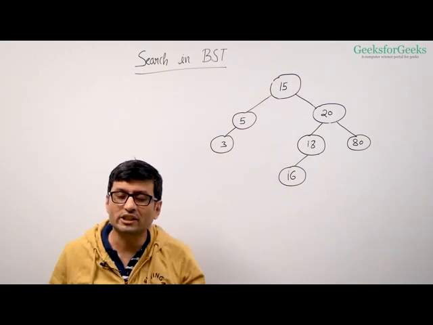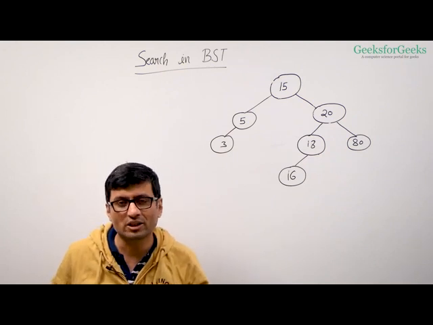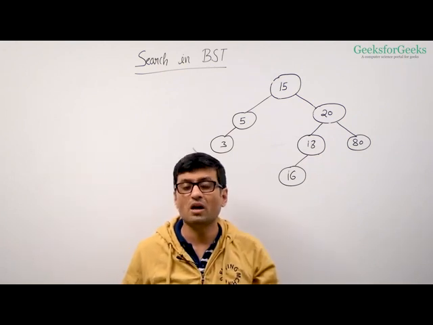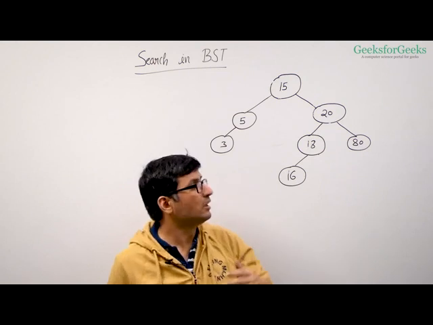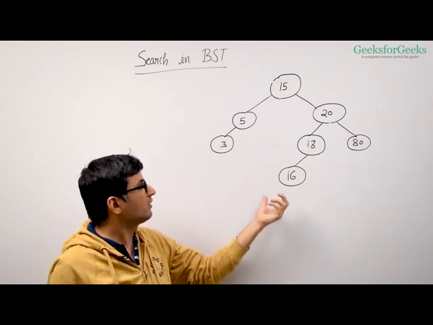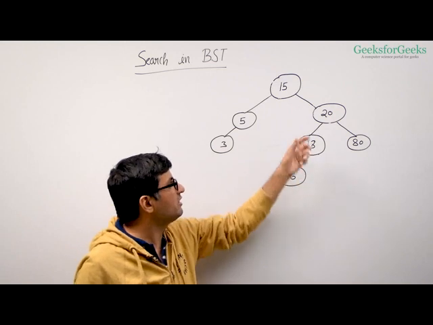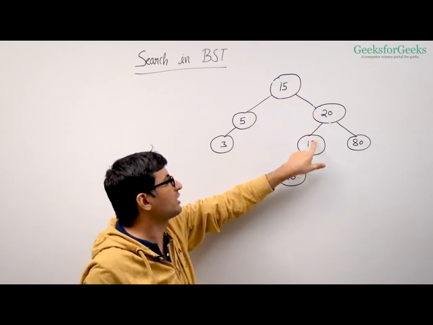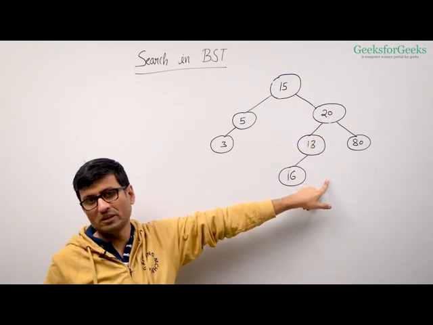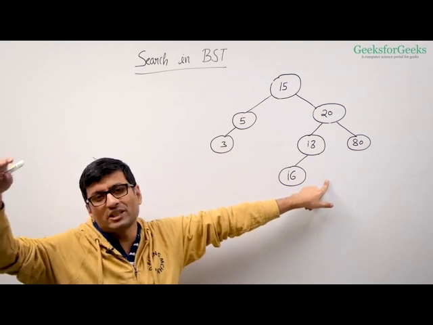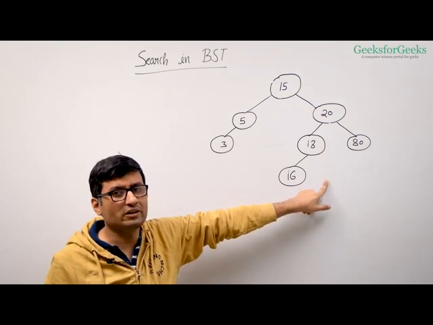So the worst case time taken by any search is equal to the height of the BST. If you're searching for something like 19, you will come here, then here, then here, and then you will decide that it's not present. So that's also upper limited by height.